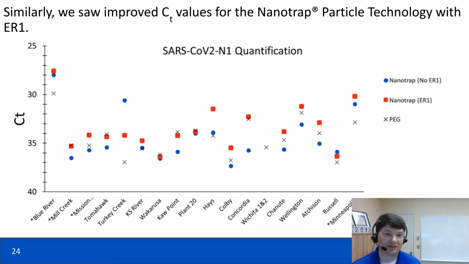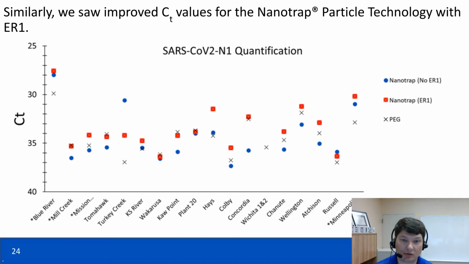Looking at a comparison of CT, this is the threshold level by which you detect N1 concentrations, in this case by qPCR. The lower the number, the quicker you detect N1 in your wastewater sample.